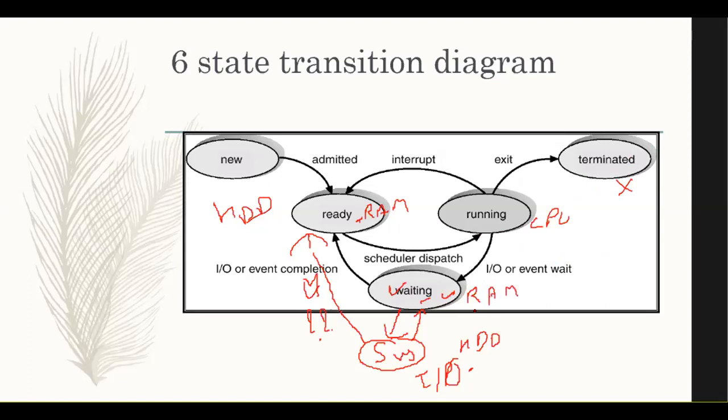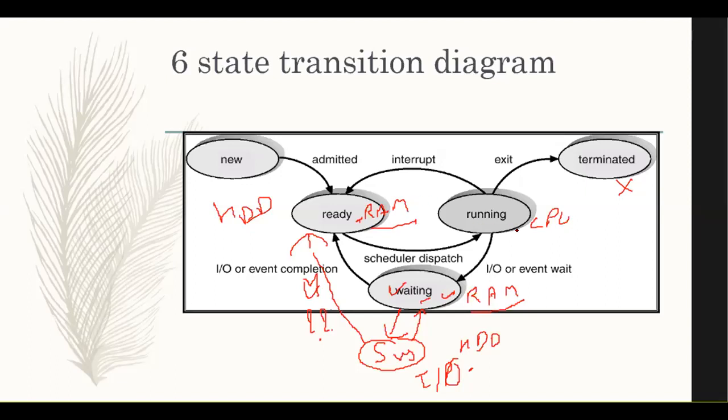So if we are saying that waiting queue can get full, then why not ready queue? Because it is again in RAM. So if RAM is full, then there is a possibility that your ready queue is also full. So if ready queue is full, then where will you send your process?